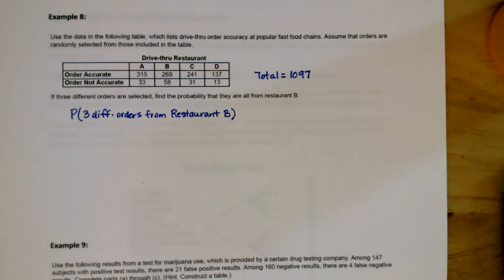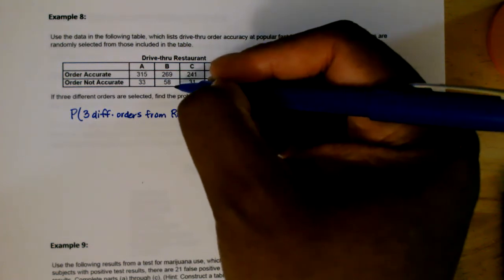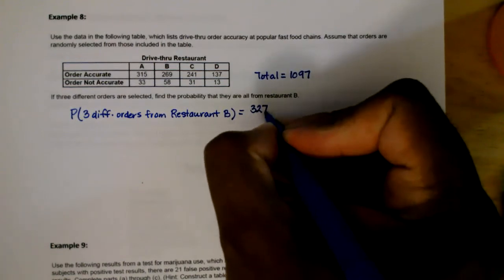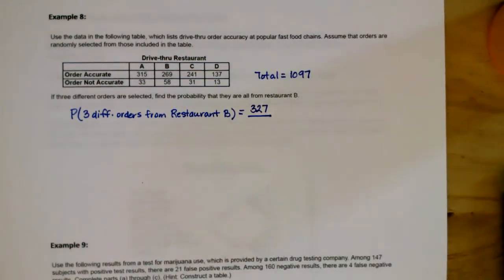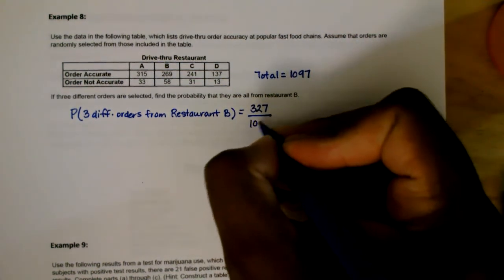We're doing this without replacement anyway. Okay, so let's look at restaurant B. That's a 269 and 58. If I add 269 and 58 together, I would get 327. So the first order that I select, that probability would be 327 over 1,097.